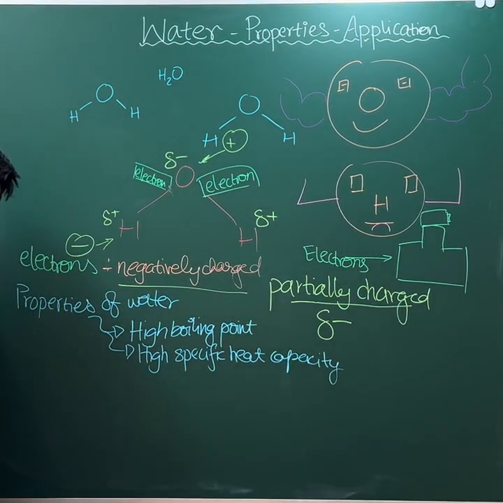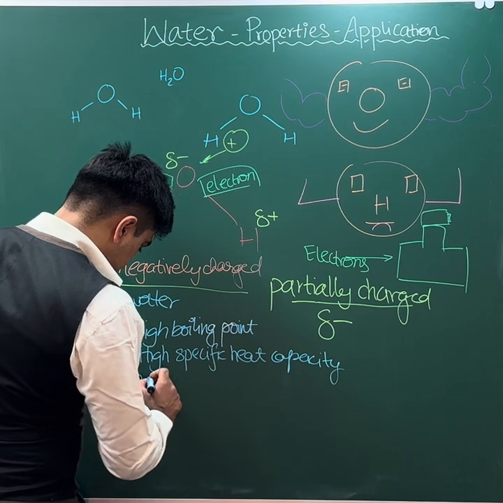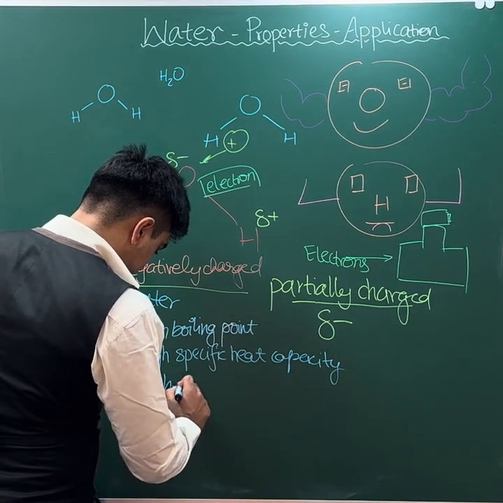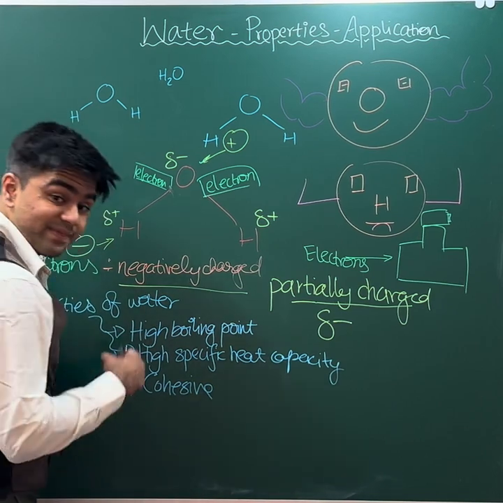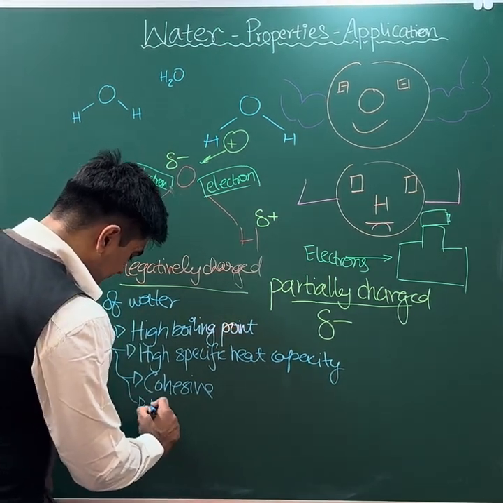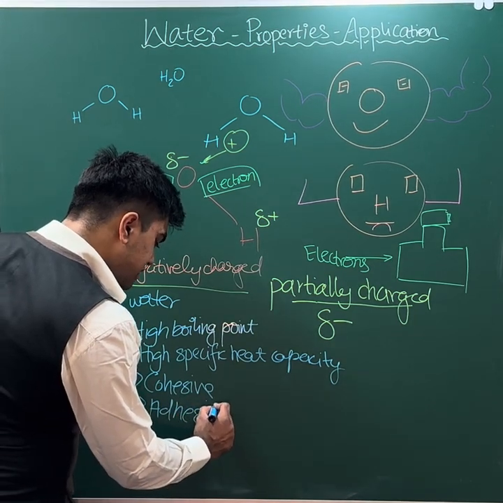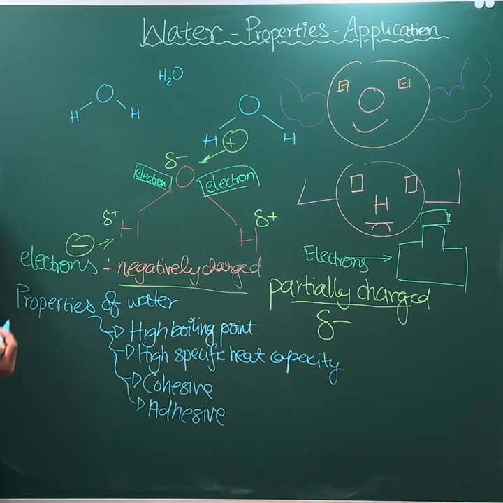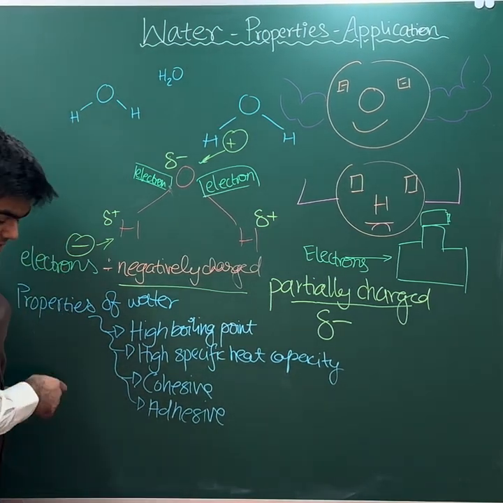We'll go over all of these later in more depth in this lecture, okay? The next one is cohesive. Water is cohesive. The next property we need to know is water is adhesive. As I say, I will go through each term individually, explaining each and explaining the application in biology of it.